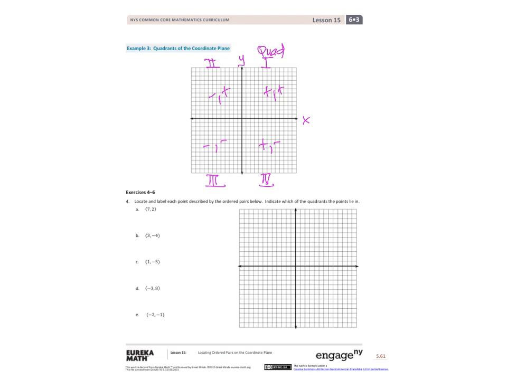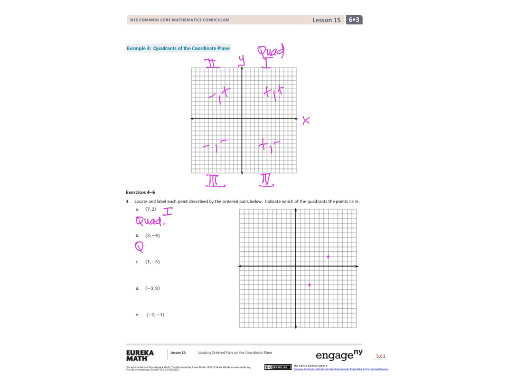So first I have to locate it. 1, 2, 3, 4, 5, 6, 7, 7, 2. And so that is in quadrant 1. I can write quadrant 1, or I can put a Roman numeral. Then 3, 1, 2, 3, 4, negative 4.